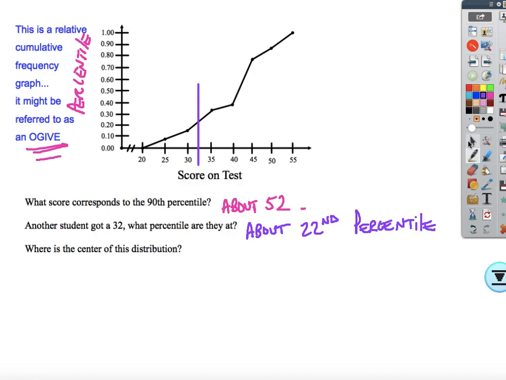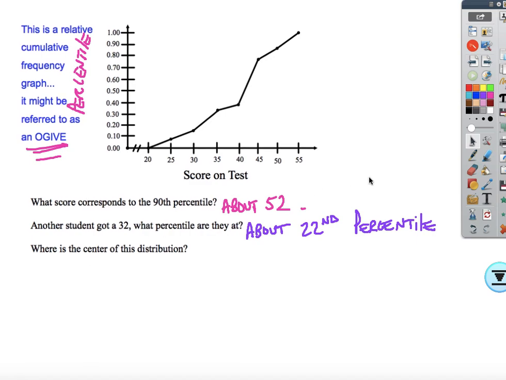Okay, and then if it asks you where the center of the distribution is, what you need to remember is, well, what percentile is the center at? The center, whoops, I didn't mean to move that. The center would be at the 50th percentile.